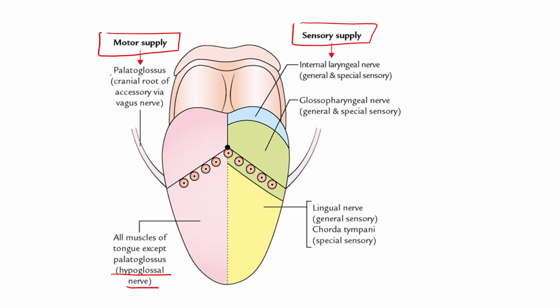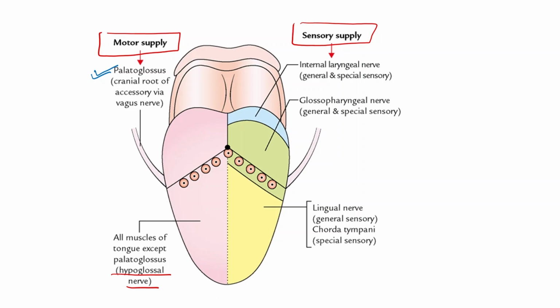So this is the exception. So this is about the somatomotor nerve supply, that is the nerve supply supplying the muscles.